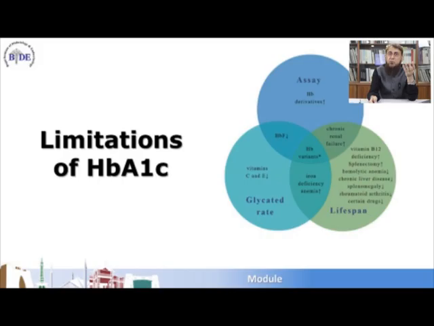So the emphasis is again on blood glucose level, because HbA1c is just giving you the average blood glucose recorded by RBCs. The hypers and hypos will be taken into consideration through blood glucose monitoring.